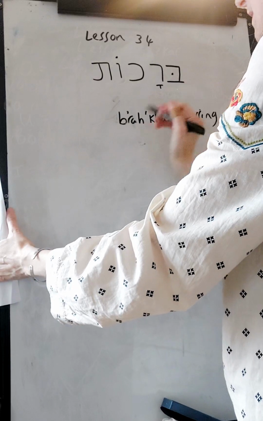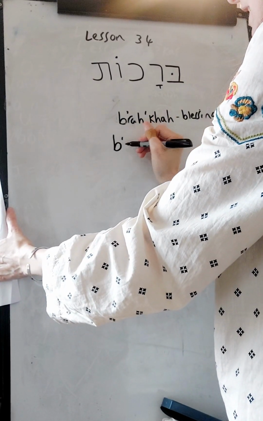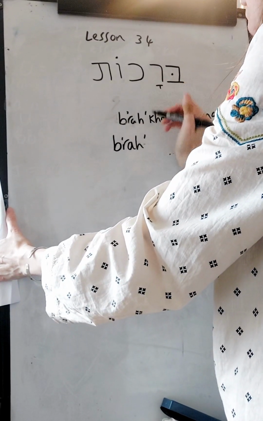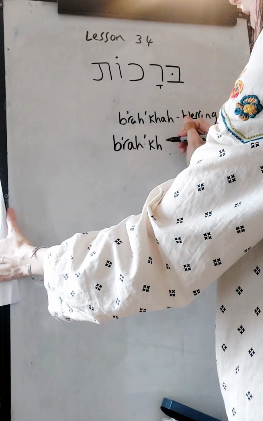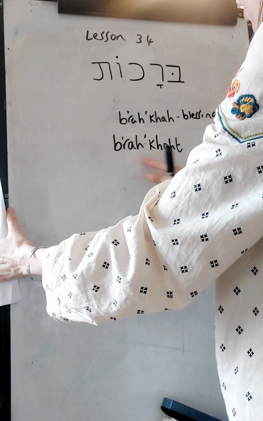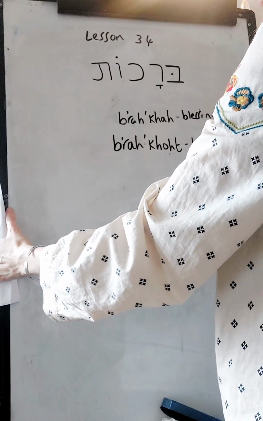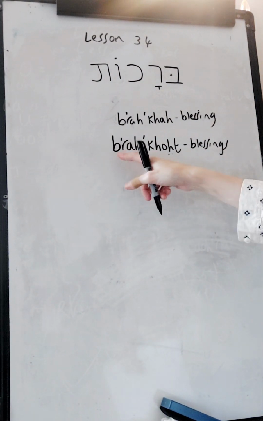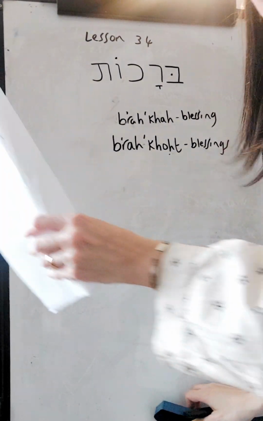Again, the bet sounds as bach, exactly the same at the start, the resh, the A vowel, bra, and now it changes, the kha again, but this time we've got the vav and the dot, which is the O vowel, and then t at the end: brakhot, and that's blessings. So on its own, blessing, change the ending, and it reads as blessings.